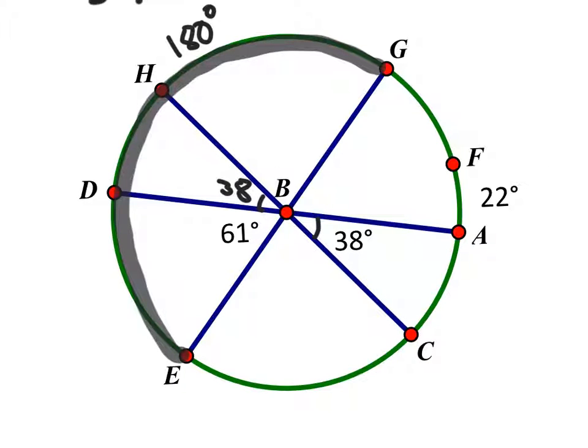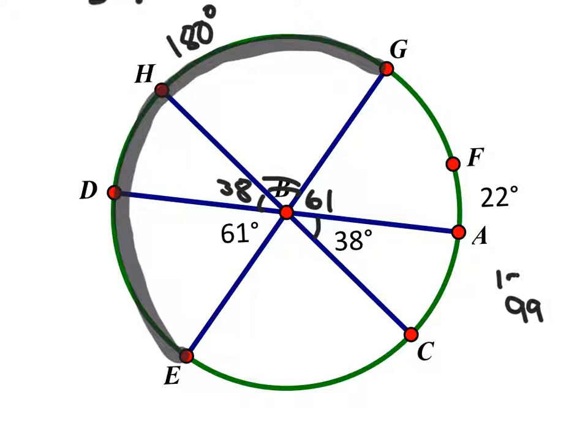We'll have vertical angles on the other side, so that's 61. And all the straight lines, the three angles add up to 180. So figuring out this angle right there, we'll have 38 plus 61. So 38 plus 61 is 99.